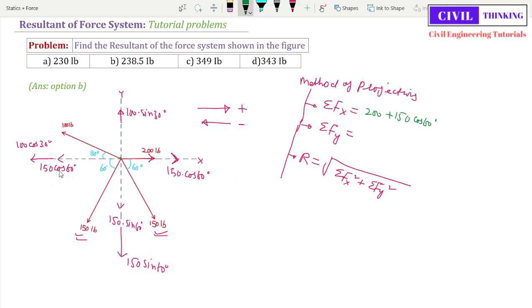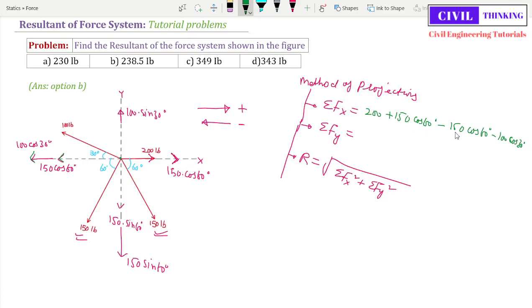Now this 150 cos 60 degrees is towards left, and this 100 cos 30 is also towards left, so they are both negative. So I will write minus 150 cos 60 degrees minus 100 cos 30 degrees.